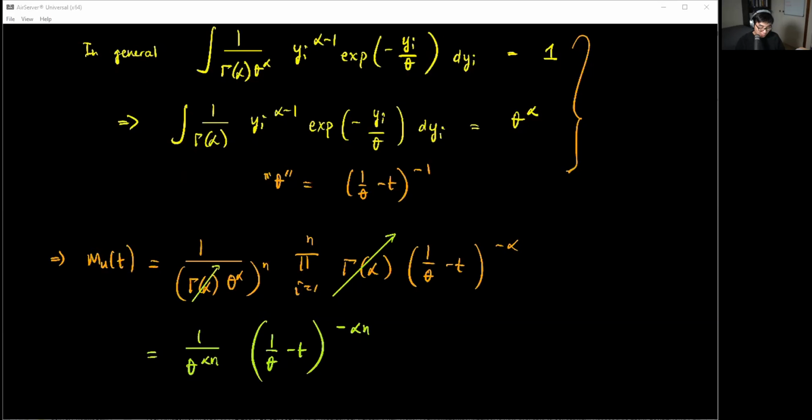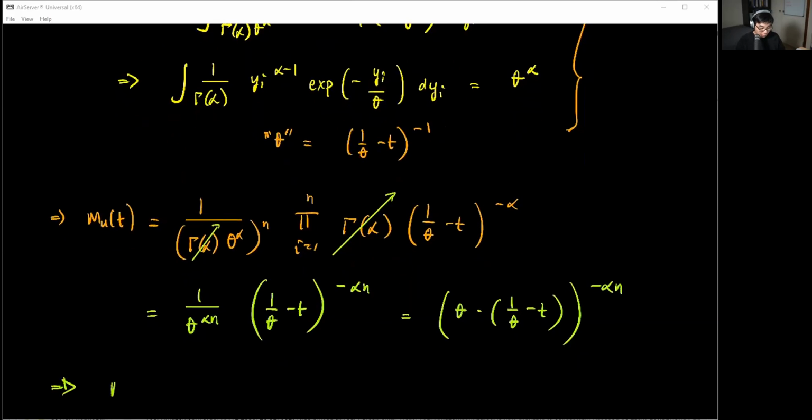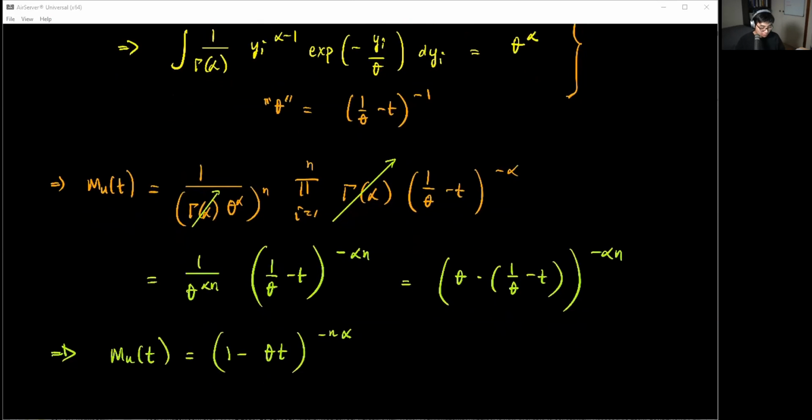So what can we do here? Well, we can multiply through by theta to the alpha n. So we have the following: theta times 1 over theta minus t to the minus alpha n. Therefore, mu of t equals 1 minus theta t to the power of minus n alpha.